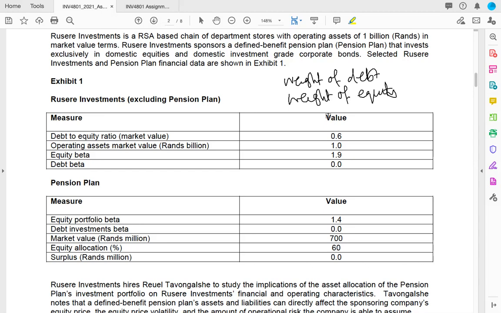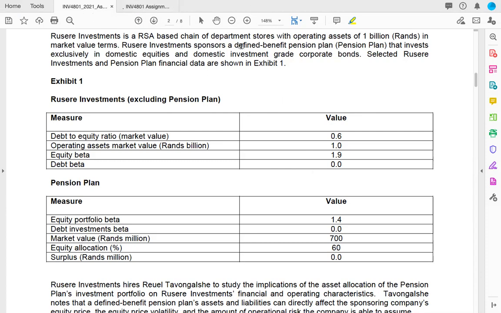So we've got some investments as a company. Some of our investments are in debt, some are in equity. So we need to determine what percentage of our investments are in debt and what percentage are in equity. And then after doing that, we can then determine the weighted beta, which will be the beta of the investments that Rusere has invested in. Okay, so I'll show you how to do that.